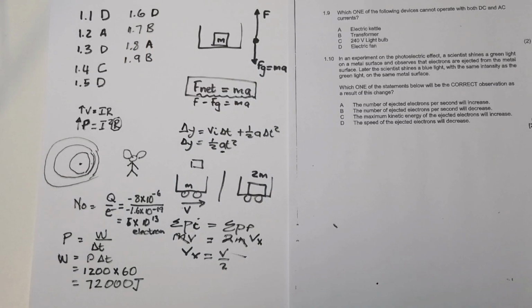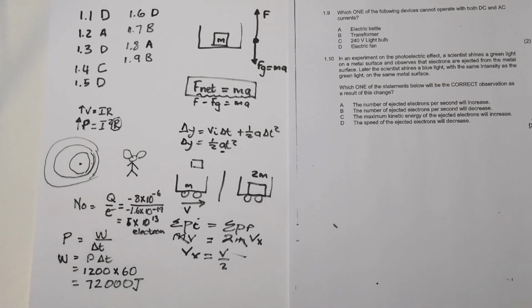All right, and then the last one, they say in an experiment on the photoelectric effect, a scientist shines a green light on a metal surface and observes that electrons are ejected. So we know that the green light in this particular case would have a frequency that is above the threshold frequency, because electrons are ejected. And they say later the scientist shines blue light with the same intensity.